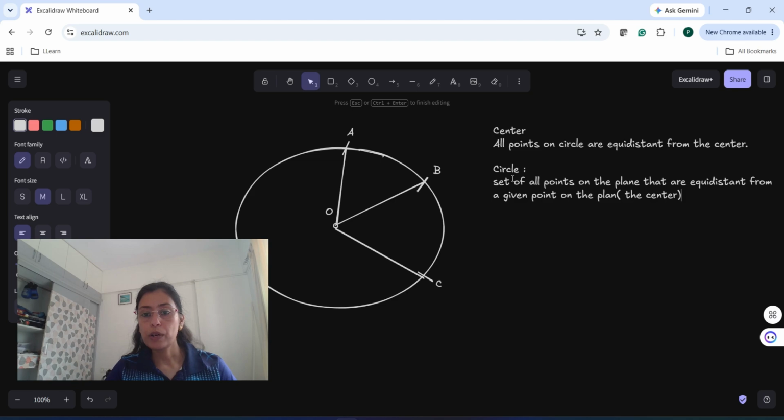So when I'm defining a circle, I'm saying it is the set of all points on the plane. For example, A, B, C are all points on this plane.